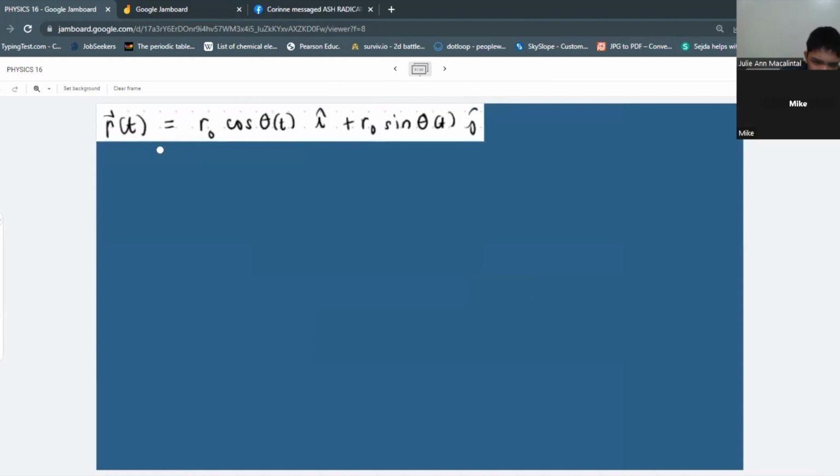Let's take it one at a time. So the first derivative is negative r naught sine theta multiplied by its derivative, which is theta dot, i hat.